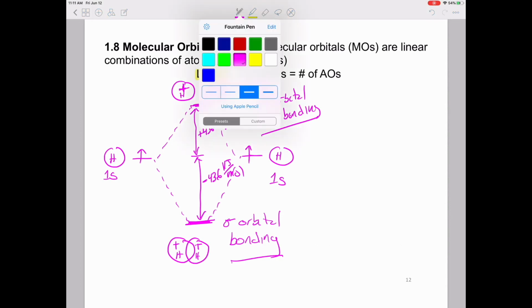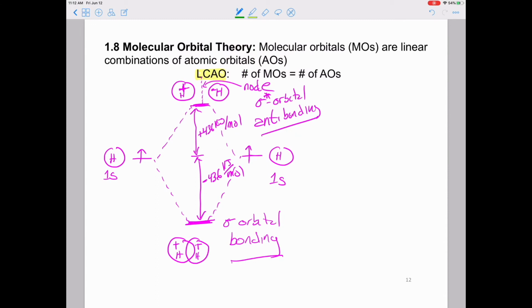All right, now we have two electrons, we have two orbitals, so the two electrons can now fill the bonding orbital, and the antibonding orbital is vacant. All right, now a few other notes.